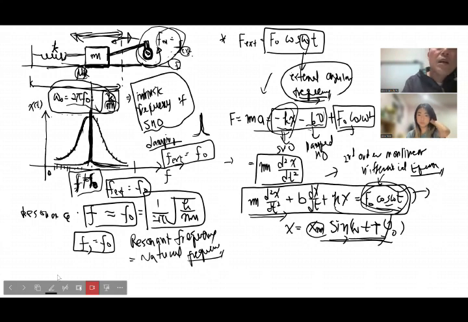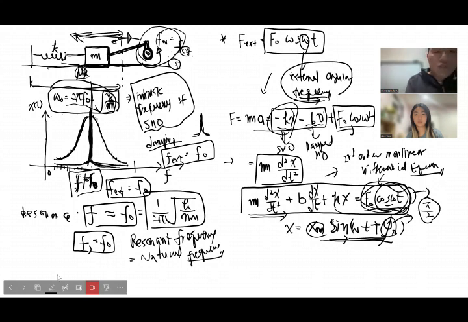Previously, the simple harmonic oscillator and the damped harmonic oscillator had solutions of cosine function, but because this driving force sets up some initial displacement, that makes the solution take the sine form. But you can always convert it back to the cosine function by adding pi over 2 as part of the initial phase. So it's not a big deal.